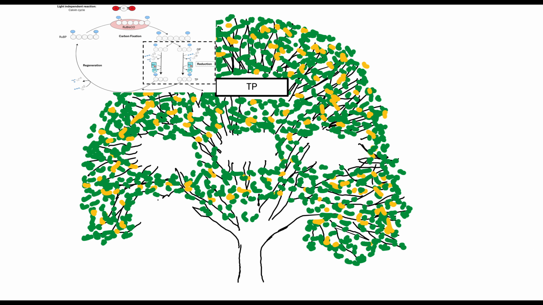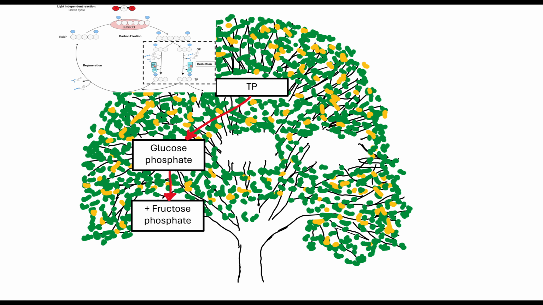So let's just have a think then, what happens to that triose phosphate, that one TP molecule that has gone off and has left the cycle? Well, that TP molecule could be converted into a glucose phosphate. That glucose phosphate could then be added to fructose phosphate and create our sucrose.